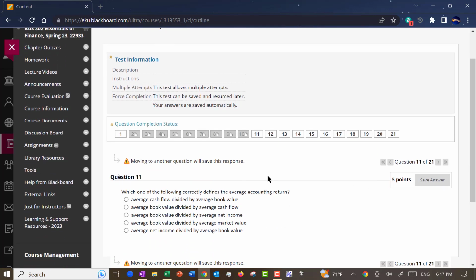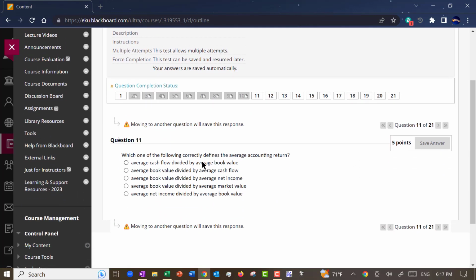Which one of the following? We haven't covered this, but the average accounting return is average net income divided by average book value. Which one of the following is defined based on its relationship to a zero NPV?